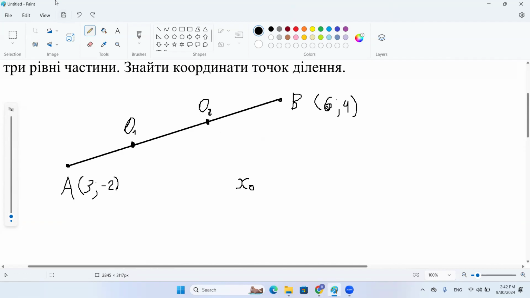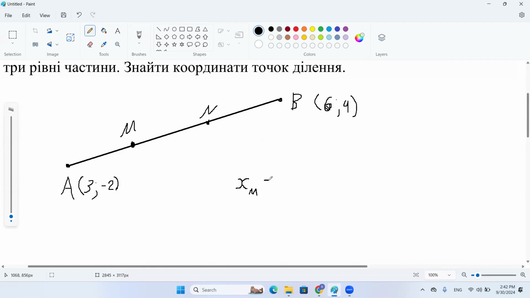Oh, okay, a lot of indices. So let's use other records, like M and N. Why not? Yeah, the new.